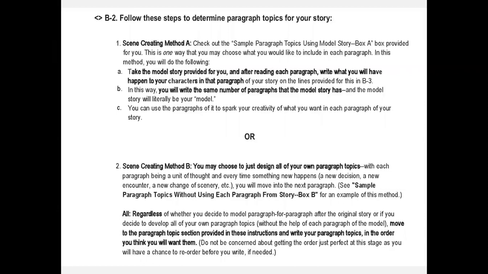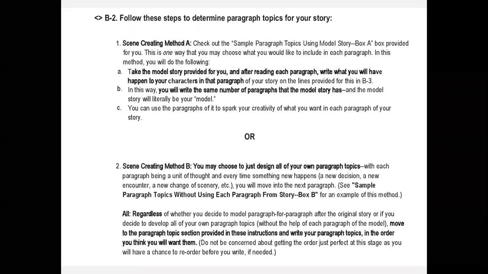All right, now I have two methods for their own scene creation, and this all falls under the outlining part. I have two methods for this because some students still feel like, I know I'm going to write about three lions, and I know I'm going to write about a gazelle, but I don't know which things should happen first, and I don't know exactly what things should happen next, and I don't know how to put it in order and what to say.